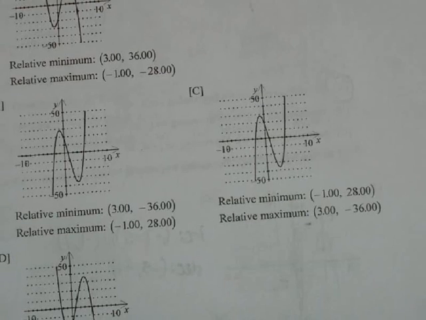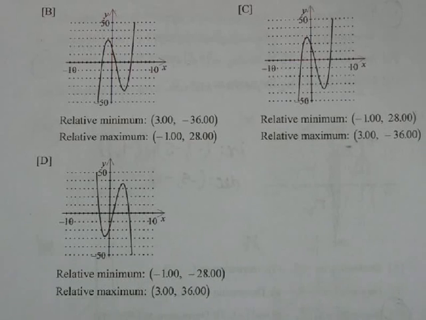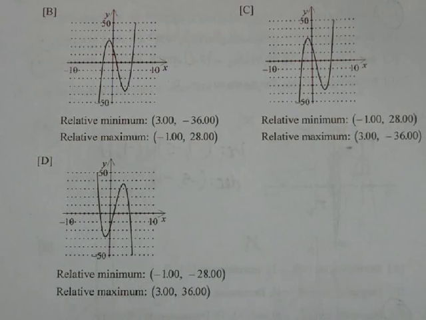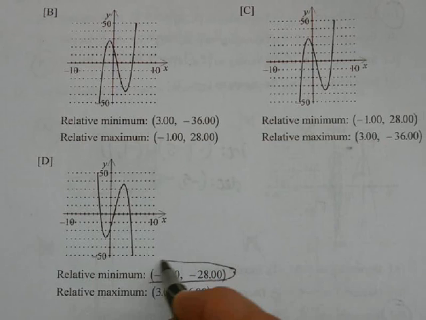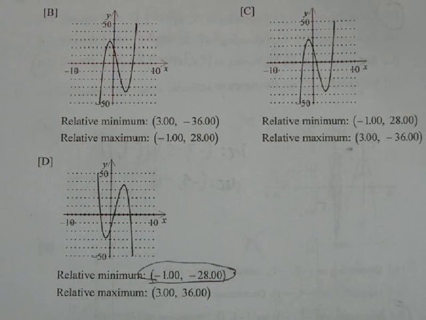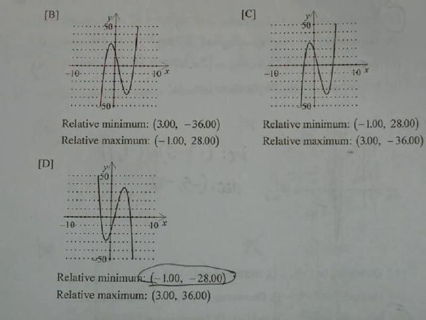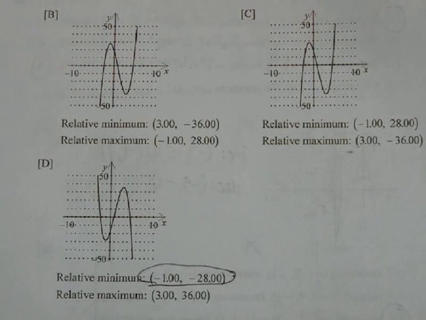Let me show you the responses. Of course, you should have this out yourself. Relative minimum, -1, -28. So if this was multiple choice, you'd probably figure the answer was D.